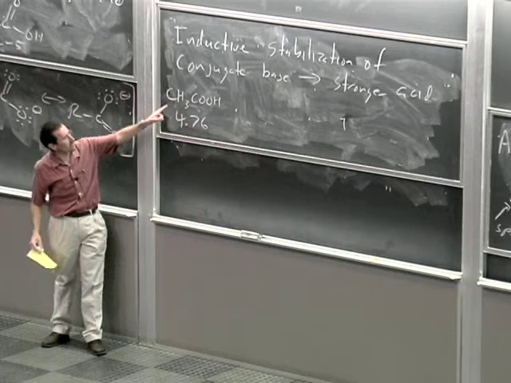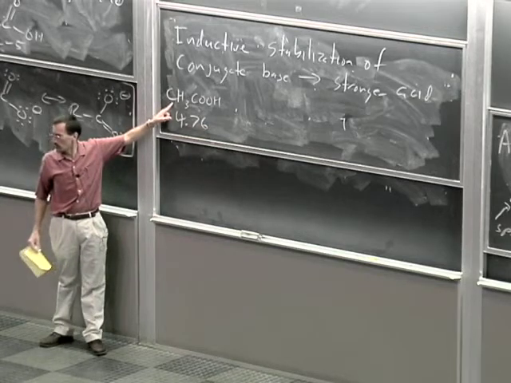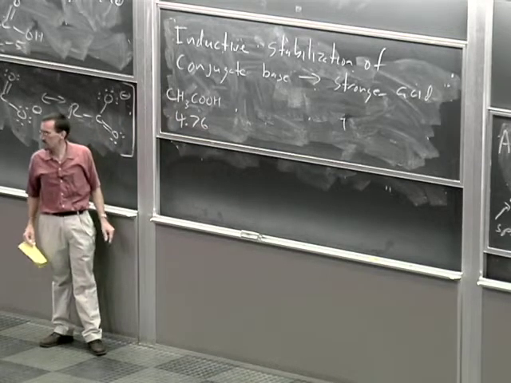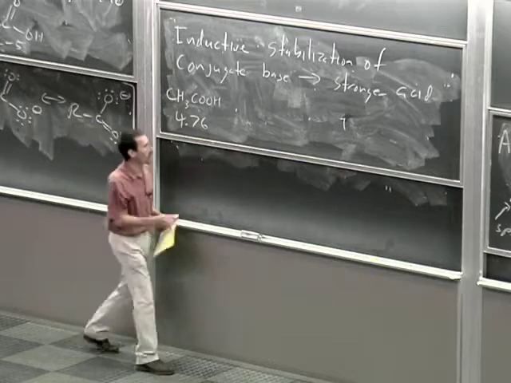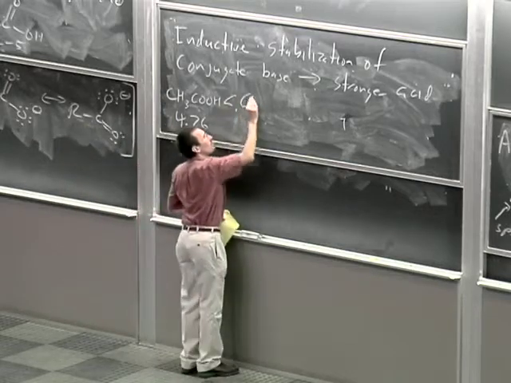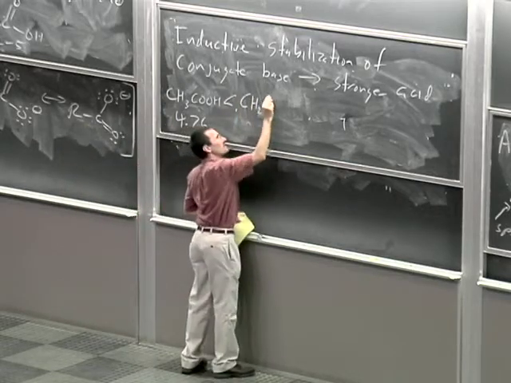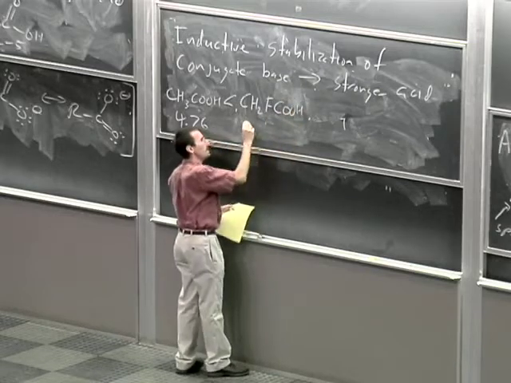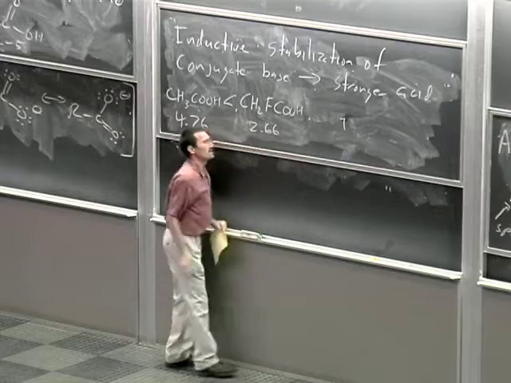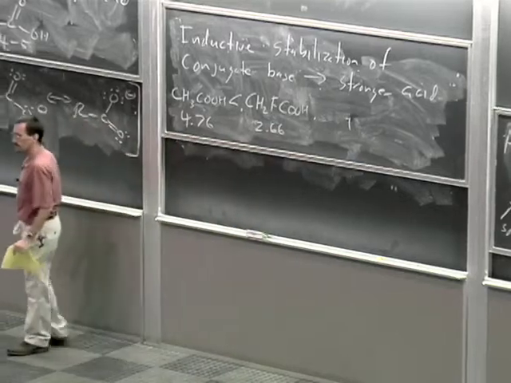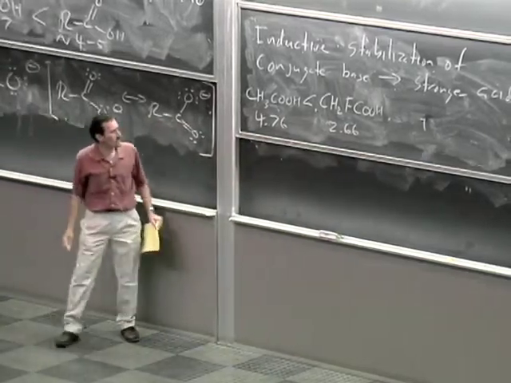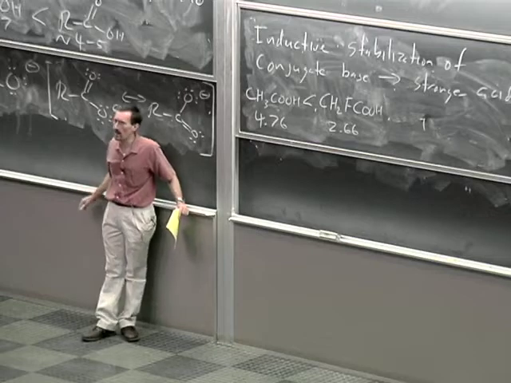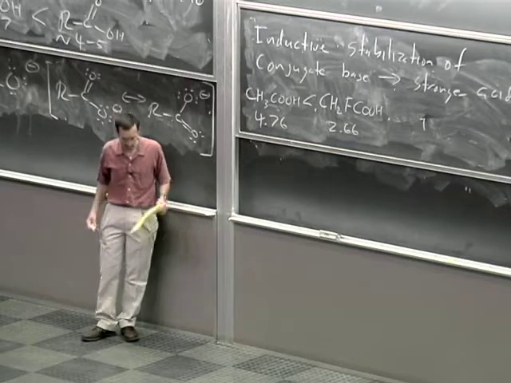If we now start to replace these hydrogens with fluorines, the acid gets stronger and stronger. Fluoroacetic acid, CH2FCOOH, has a pKa of 2.66. We call it fluoroacetic acid because one of the hydrogens has been replaced by fluorine.